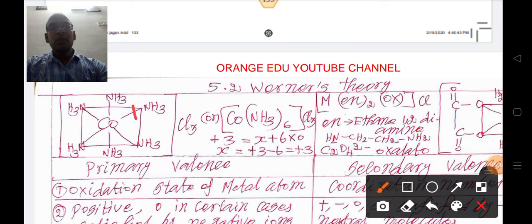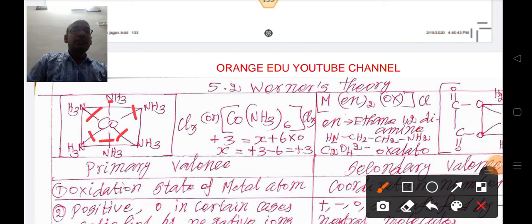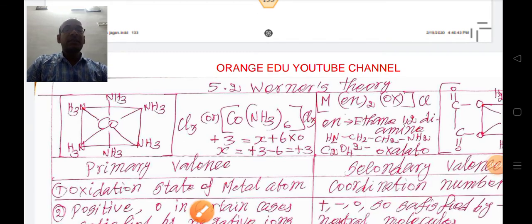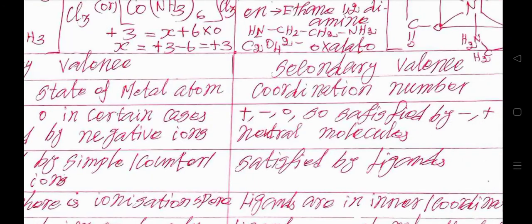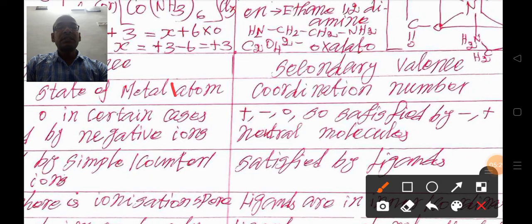One, two, three, four, five, six. 6 coordinate covalent bonds. Therefore, the coordination number is 6. In this example, the oxidation state of the central metal ion, that is the primary valency, is 3, and the secondary valency is the coordination number, which is 6.